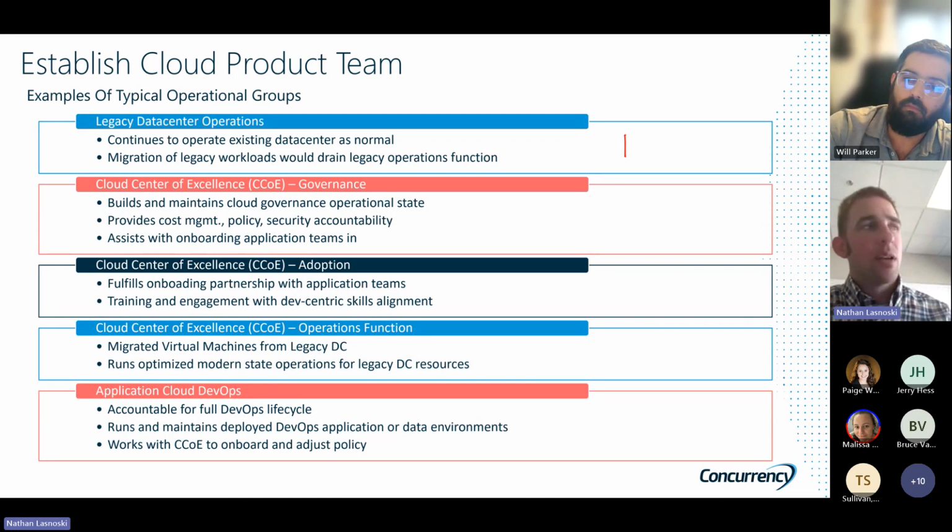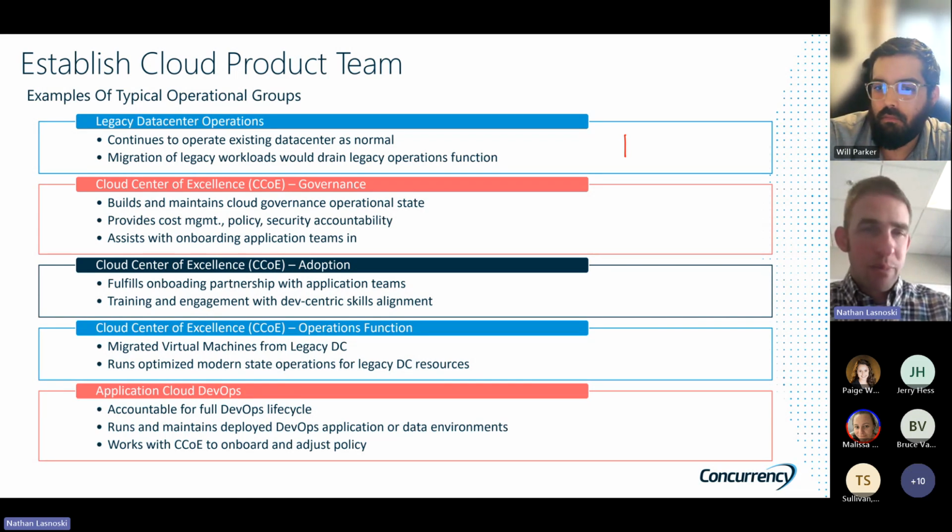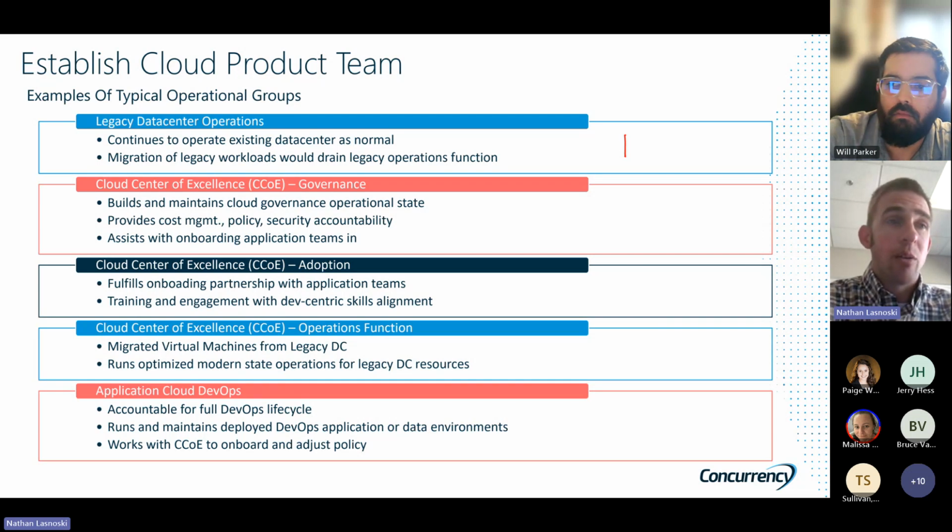Let's say that I've got a whole bunch of stuff happening in Azure, but then I've got a bunch of workloads running on-prem. Well, you need to have somebody still caring for all that legacy data center operations that is running in Horizon 1. It's likely a different set of tools than what you are now running in Horizon 2, or should be. And then a certainly different set of tools than what's happening in Horizon 3. And that needs to continue to operate.